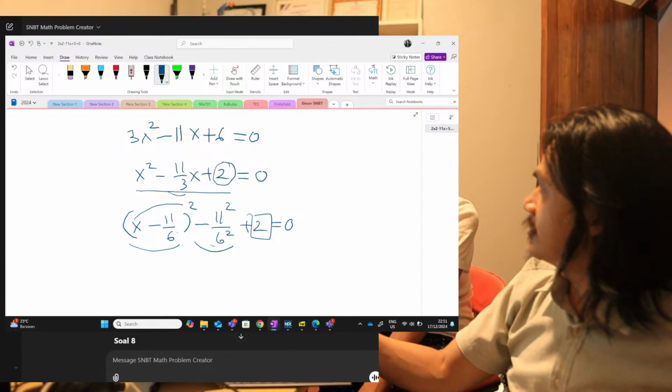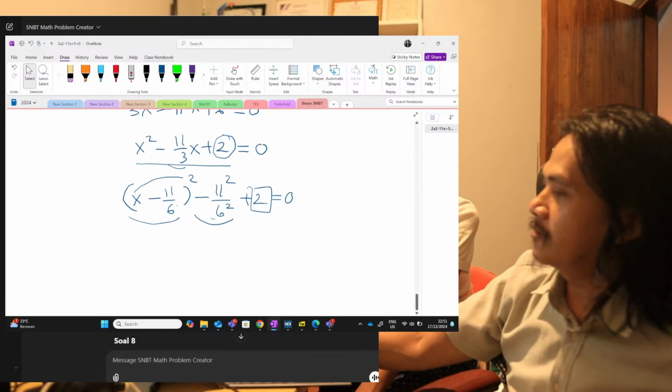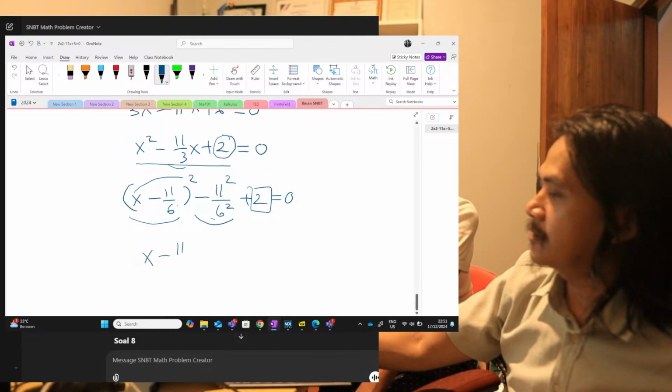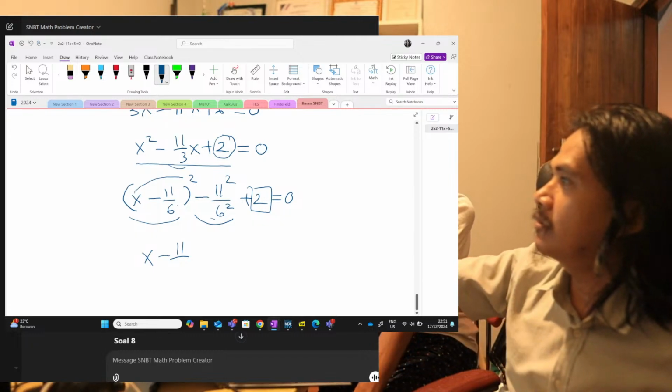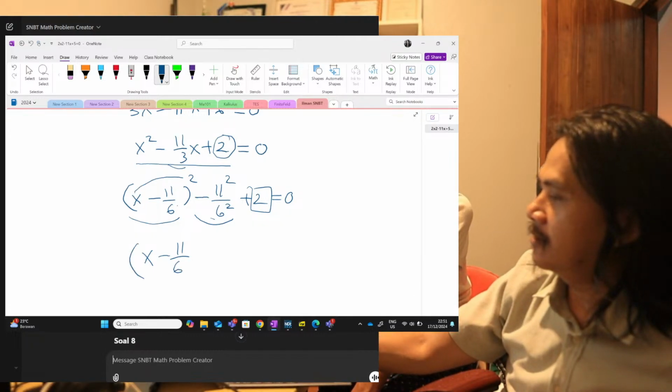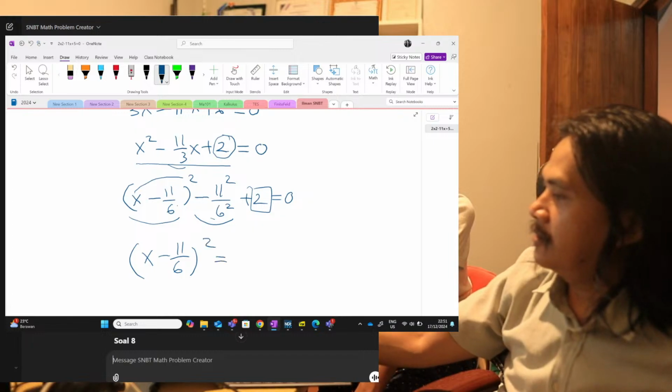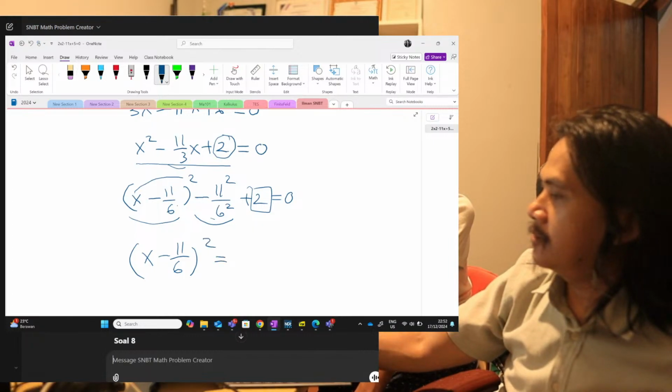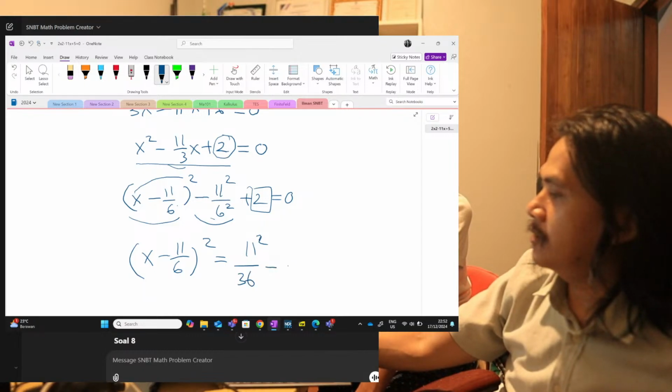So let's do it. X minus 11 over 6 squared. Just compare it. Did you do that one? I think I did, but I don't know where it is. So, it's 2. 11 squared over 36 minus, if you want this to be 36, this is 72.